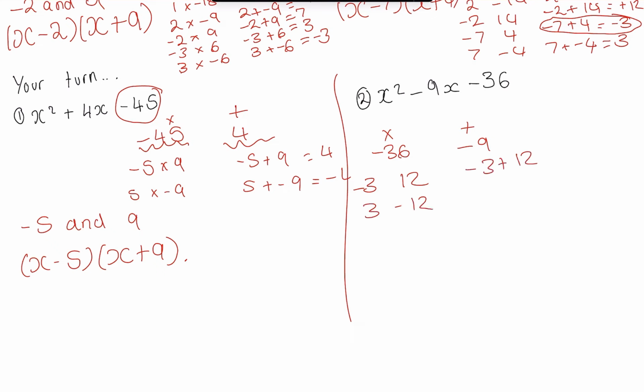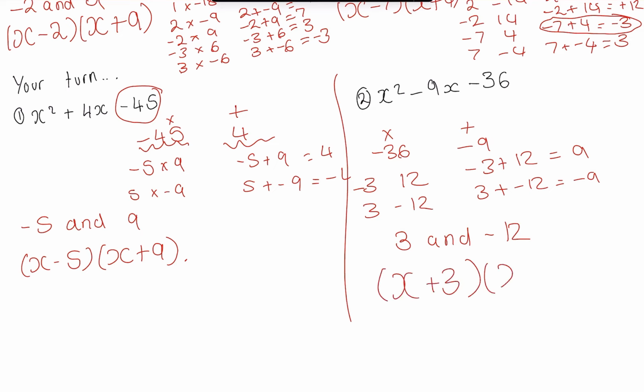So when you add these together, this one would give you 9, this would give you -9. So your two numbers are 3 and -12. So in your brackets, you should have got x + 3 and x - 12. And it doesn't actually matter which way round they are. So if you got x - 12 and x + 3, that is still completely correct.